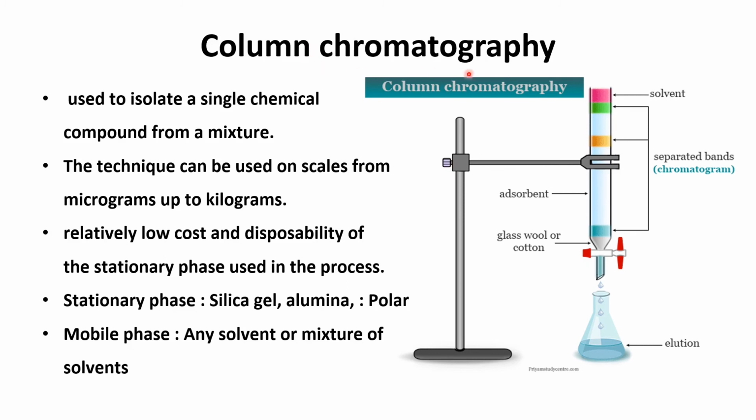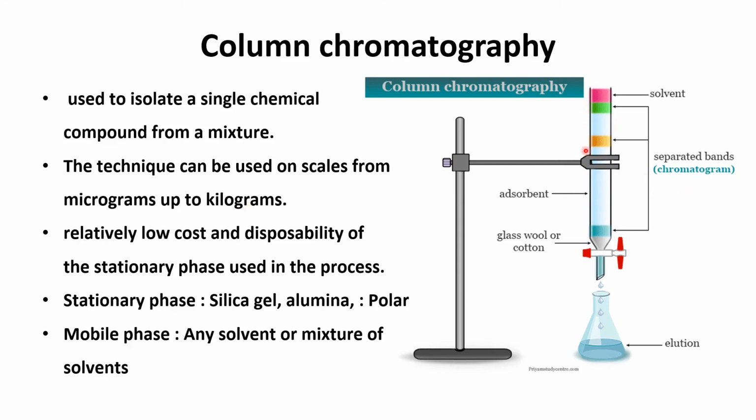The third type of chromatography is column chromatography. TLC as well as paper chromatography are used to analyze if the reaction is completed or not. But column chromatography is used to separate the product which we get in the reaction. Column chromatography is used to isolate a single chemical compound from a mixture, and this technique can be used on scales from micrograms up to kilograms.